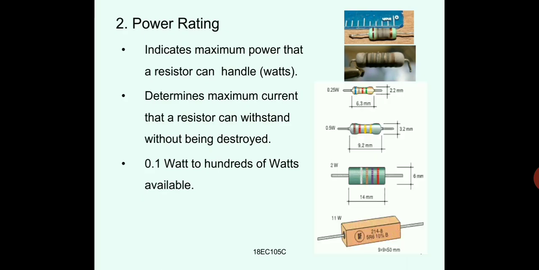So we'll also see, now here we can see the different wattage resistors. So the first one is 0.25 watts, means they are called as normally quarter watt resistor, and the size is about 6.3 millimeters.